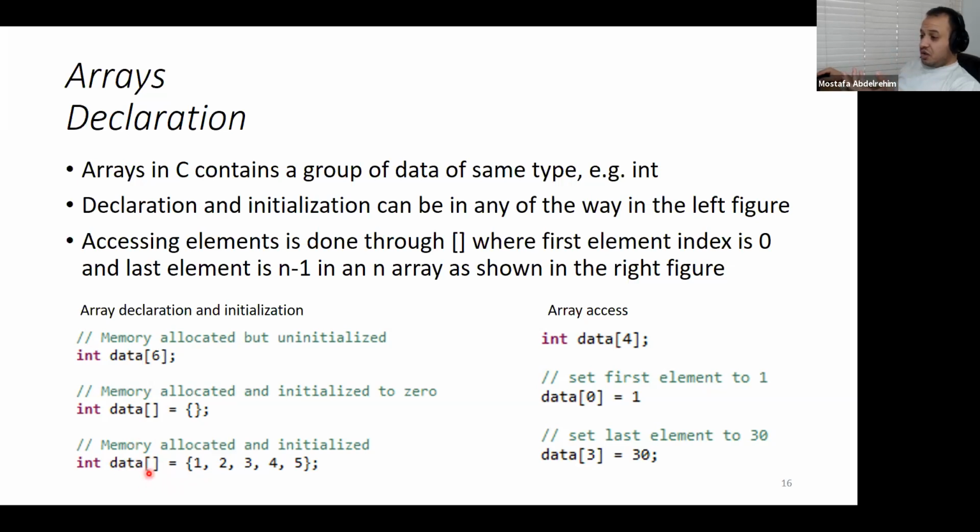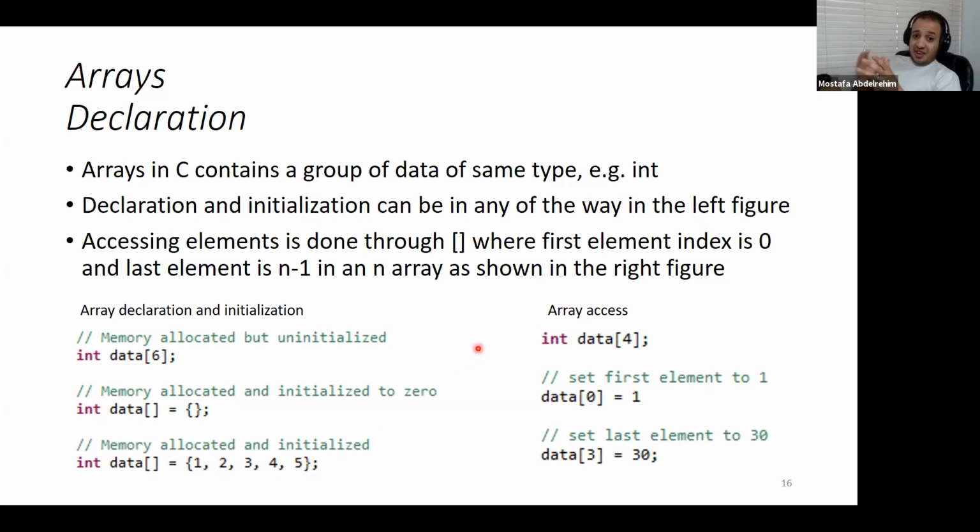You didn't put a size here because the size will be implicitly known from the number of elements. So here basically 5 locations in memory will be reserved for this variable called data. Okay, the first location will have a value of 1, then 2, 3 until 5.